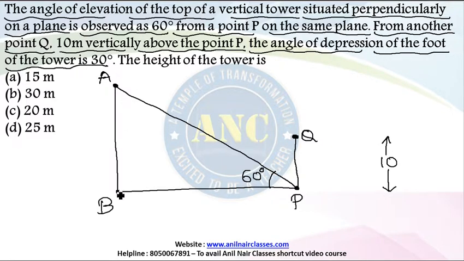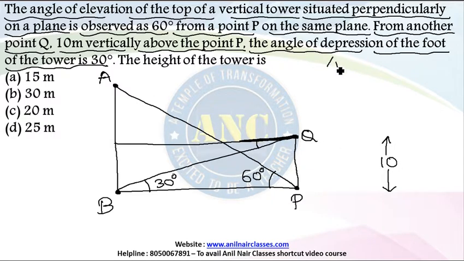The foot of the tower is nothing but B. The angle of depression is 30. That means if I draw a horizontal line here, this particular angle is 30, or in other words, this particular angle is 30 degrees. That is the meaning of it. What is the height of the tower? The tower is nothing but AB. Please find the value of AB, the question.